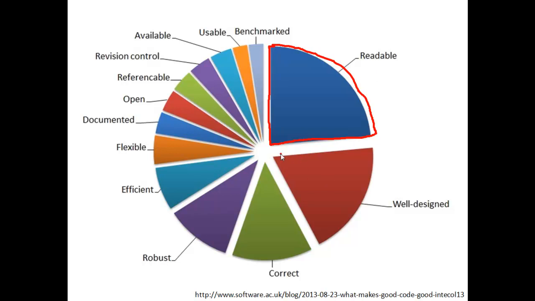And the second major category given by the developers is that the code has to be well designed. As you know well, any software project goes through different phases of development in the industry. It starts from requirement analysis, then goes to the design phase, then the coding phase, followed by implementation, and finally one important phase which we call maintenance.